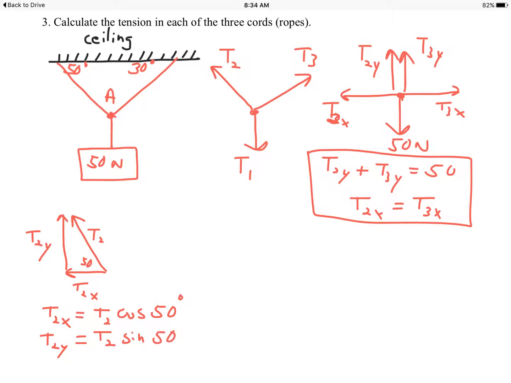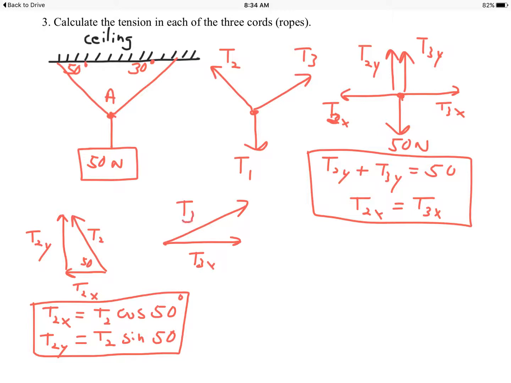You can already see this problem is going to be a little bit more symbolic than we're used to. We've done a few problems like this, but these 2 values are important. We can't do much more with them right now. We will in a second. But the same thing with T3. T3 has 2 components, T3x and T3y. Once again, by similar work and geometry, that's a 30-degree angle.